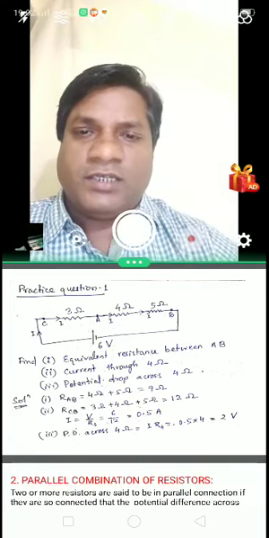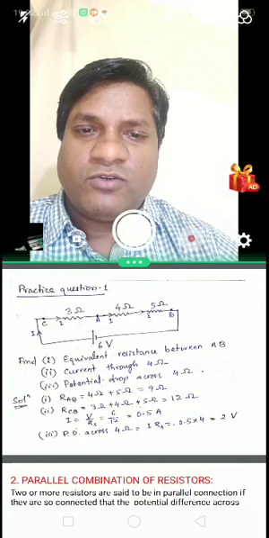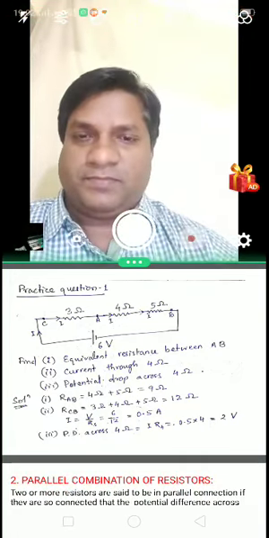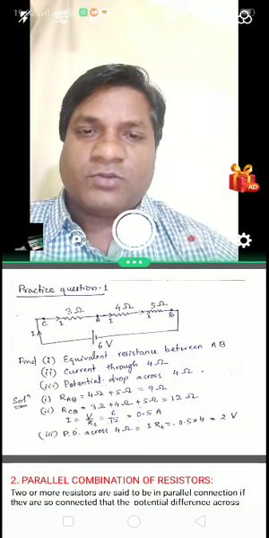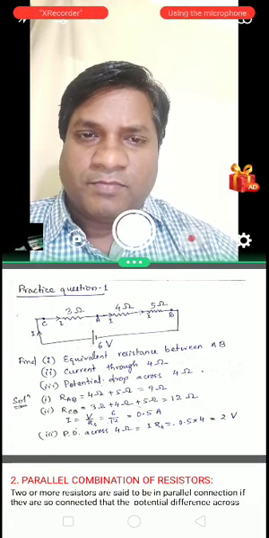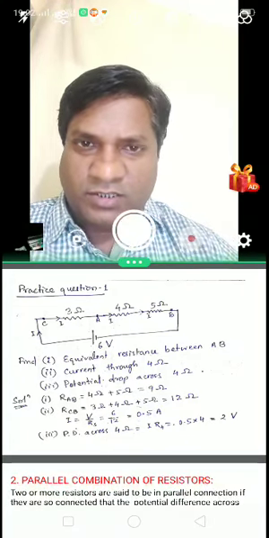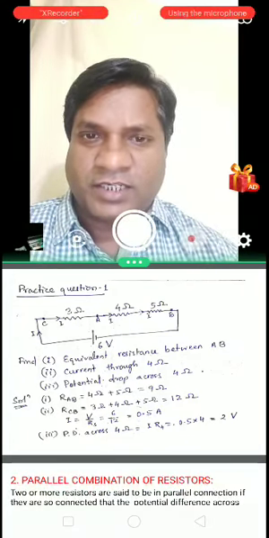The question asks us to find the equivalent resistance between point A and point B. Now it's not the total resistance. Between point A and point B there are two resistors, 4 ohm and 5 ohm, which are connected in series.